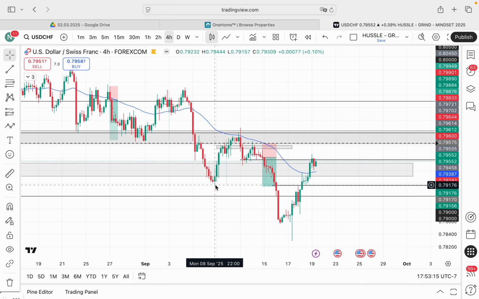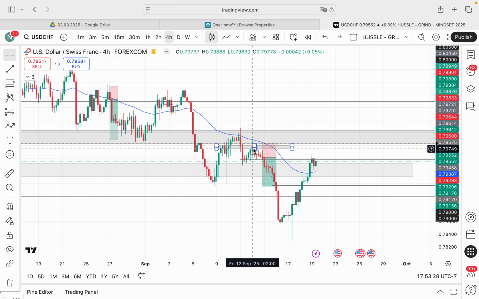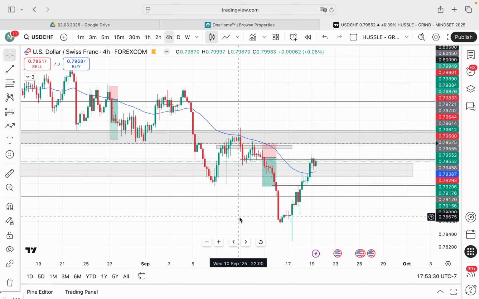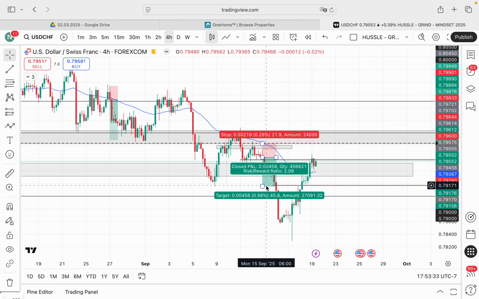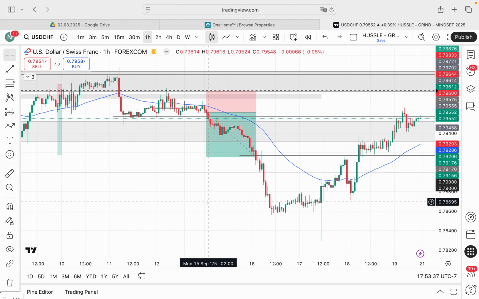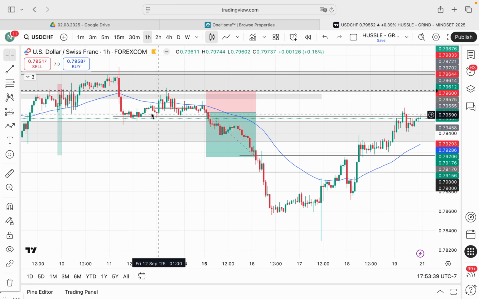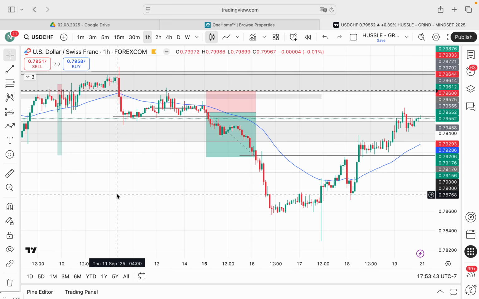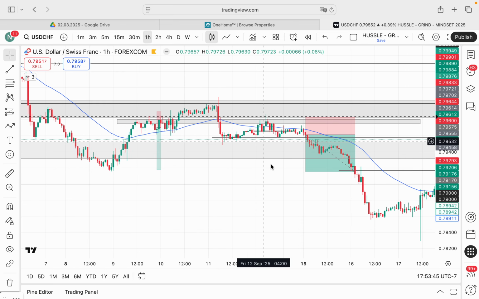We have lower low, lower high, break of structure, higher high, break of structure, lower low, lower high. So I was like, if you give me a signal on 1 hour time frame, like a bearish engulfing, because this one right here is already a lower high, shift of structure, lower high.